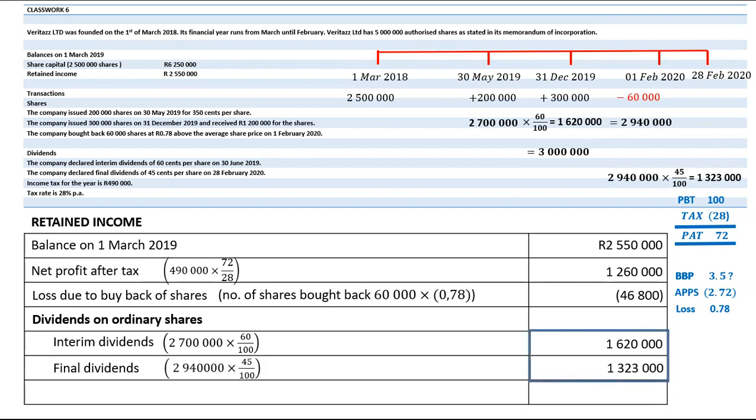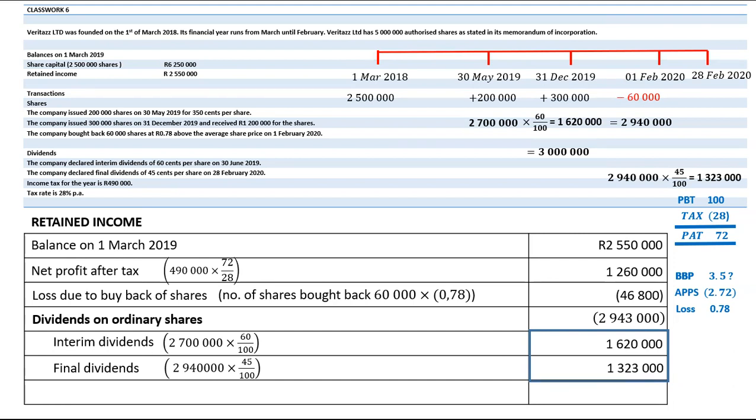1,323,000. And that'll be your final dividend. Your dividends on ordinary shares amount to 2,943,000. And how did I get that 2,943,000? It's 1,620,000, which is your interim dividends, plus 1,323,000, which is your final dividend.